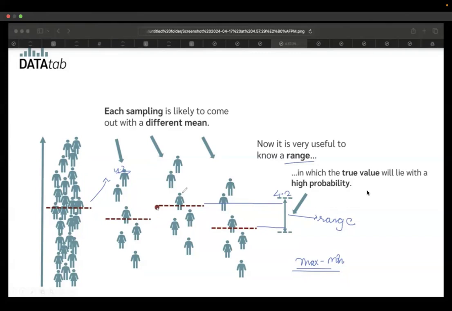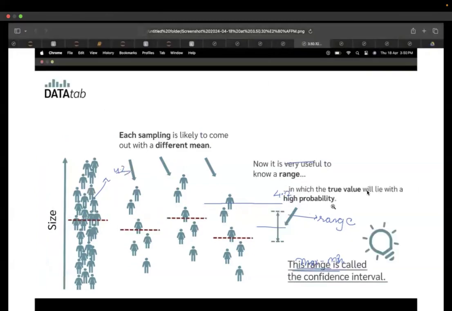So you take the help of the confidence interval, and you find the mean of the population, or any statistical parameter of the population, with some highest probability. Whenever we talk about highest probability, you can see this range is called the confidence interval.